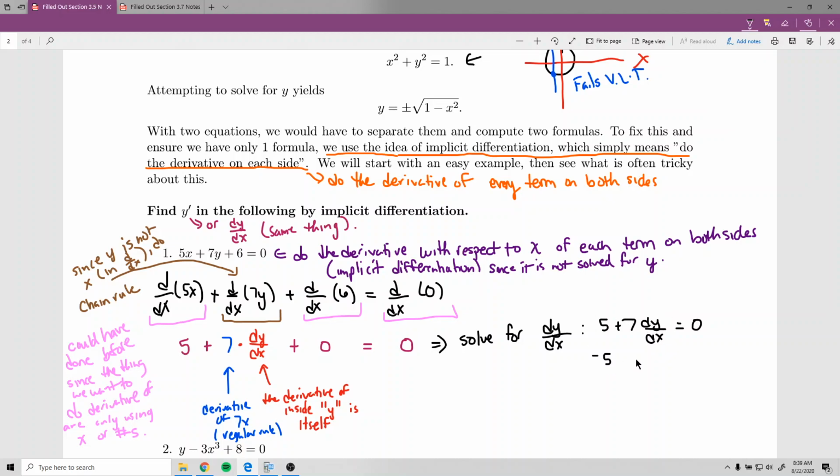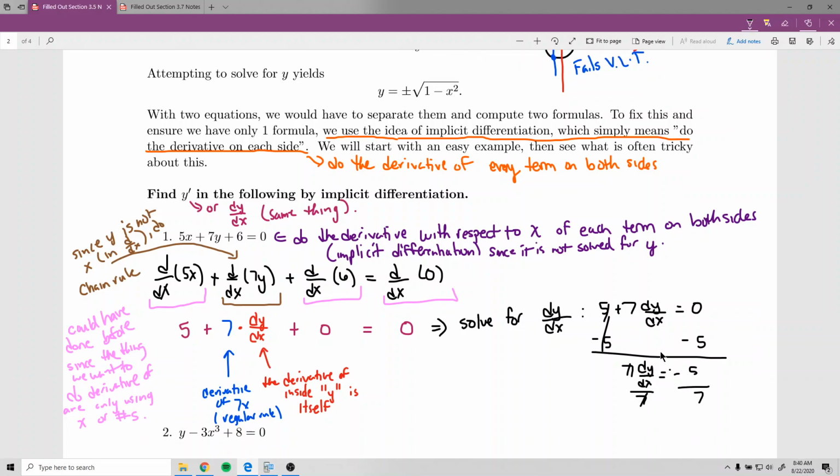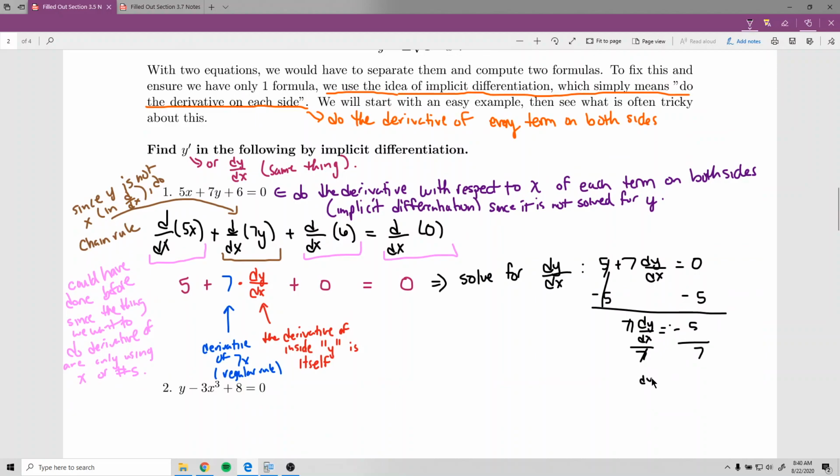So we solve for it by getting it by itself, just like any other letter. We get 7 times dy over dx equals -5, not forgetting the dy over dx, and then divide each side by 7. And our final answer here, we got dy over dx equals -5 over 7.